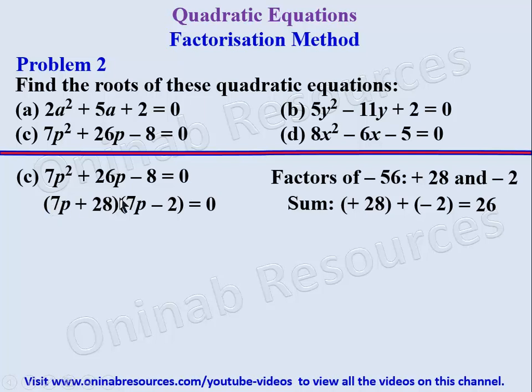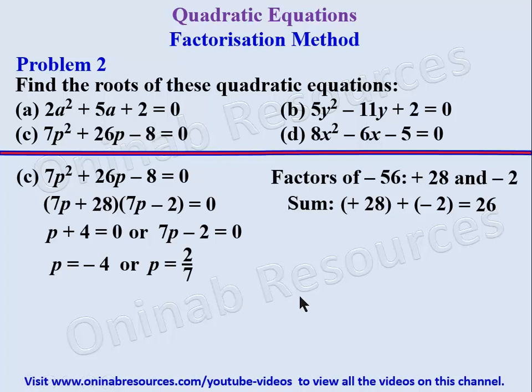Can you see that 7 divides this? Yeah, 7 is a factor. We will be left with p plus 4 is equal to 0, or 7p minus 2 is equal to 0. So we can now solve. Here p is equal to negative 4, or p is equal to 2 over 7. So these are the values of p which satisfy the equation in problem 2c.